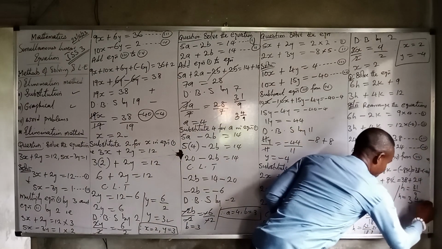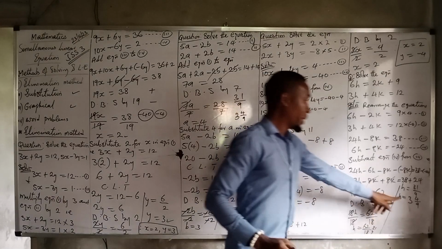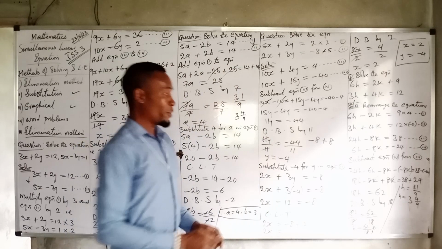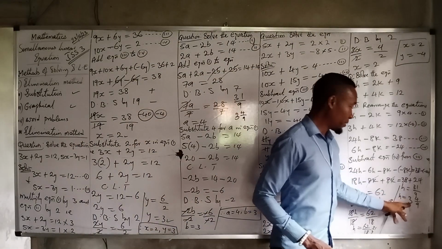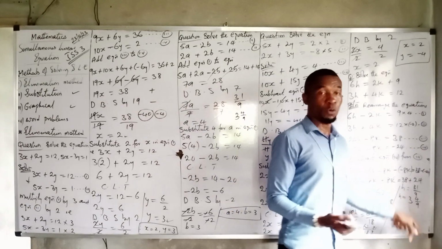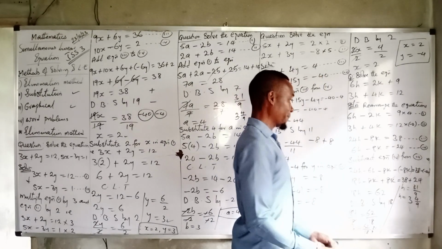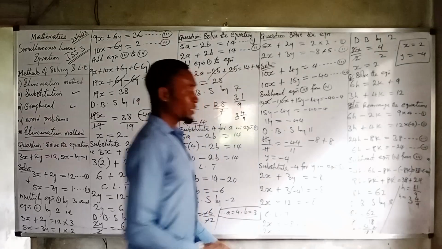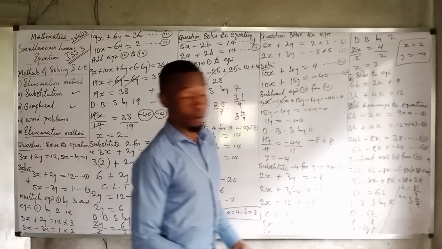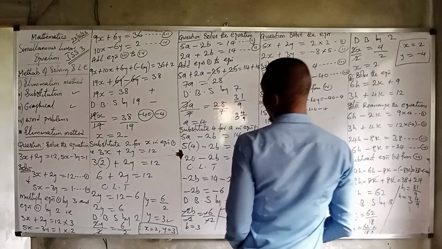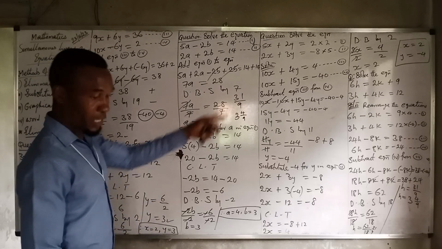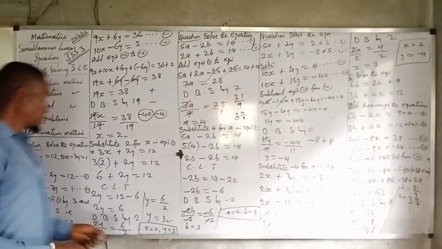That 4 I still divide by 9, and I have 3 whole number 4 over 9, right? Okay. If I say 9 times 3, I have 27. And 27 plus 4 gives me what? 31. Right? Okay. Now I've gotten my h to be 3 whole number 4 over 9.